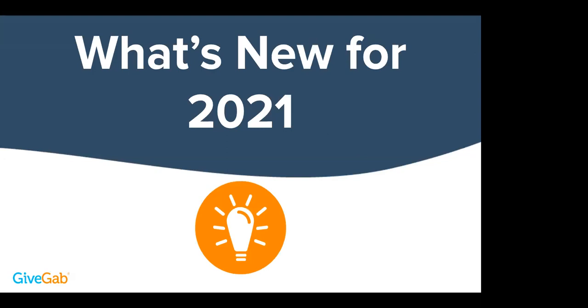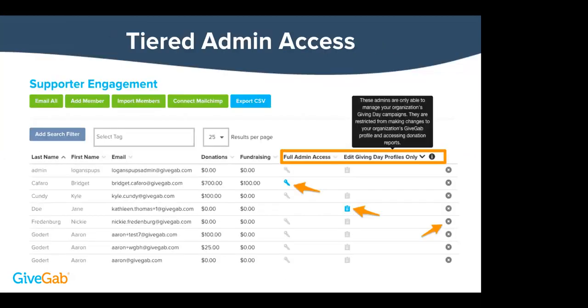So let's jump into what new features GiveGab has updated since your last Giving Day that will affect how you use our peer-to-peer fundraising feature. First off, GiveGab has released a new tiered admin access feature that can be really helpful in those instances where you might have an assortment of team members working on your project and only want to delegate access to someone who can work on anything tied with the Giving Day profile.